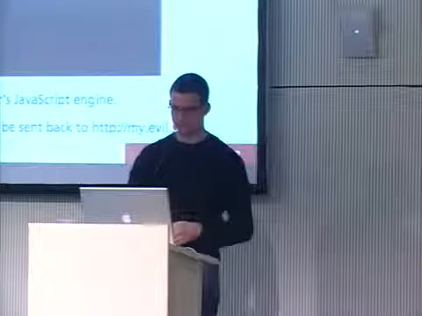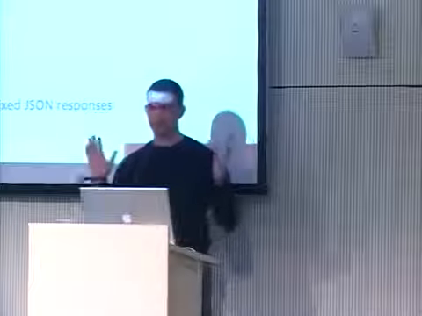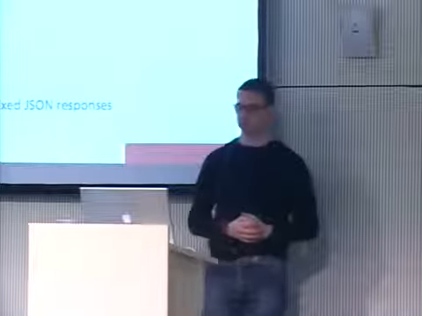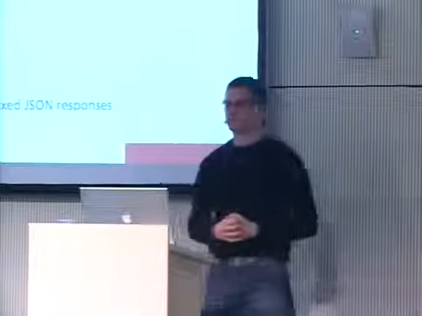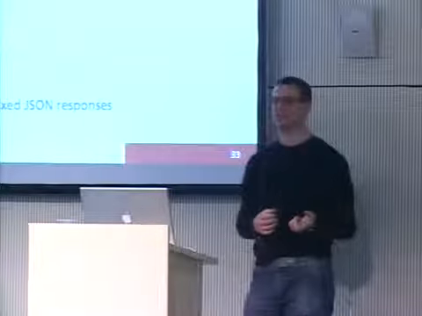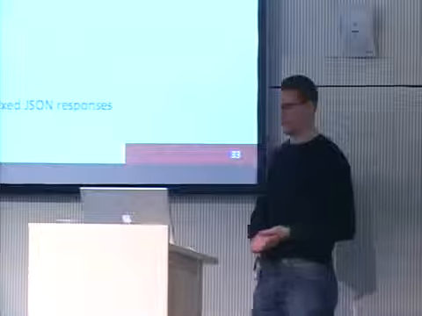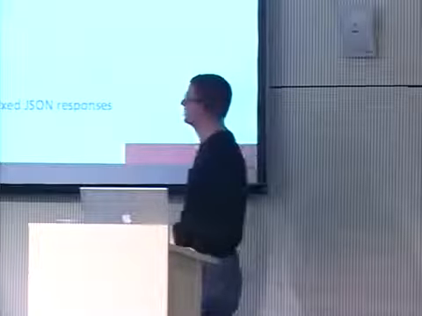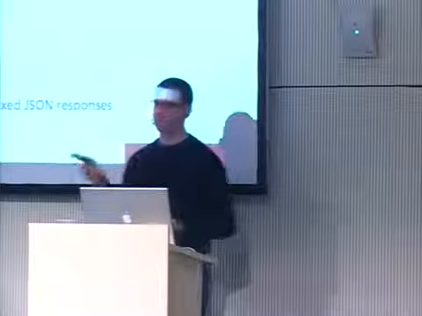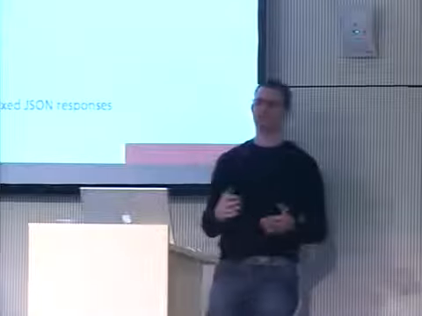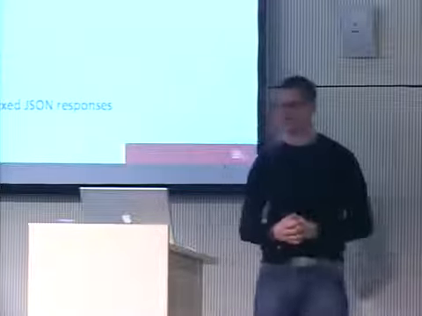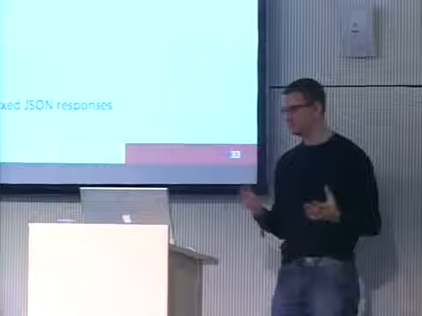What can you do against it, basically? First step, don't put anything important into JSON responses. That doesn't always work, because JSON is a very nice format for exchanging data between your JavaScript frontend and the backend. Another thing is use unguessable URLs. Use an MD5 hash of the user ID plus a timestamp or whatever to get the last transactions and so on.